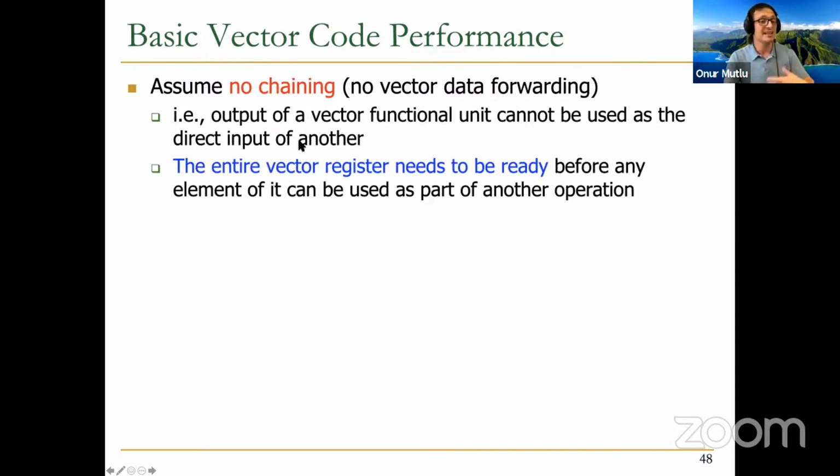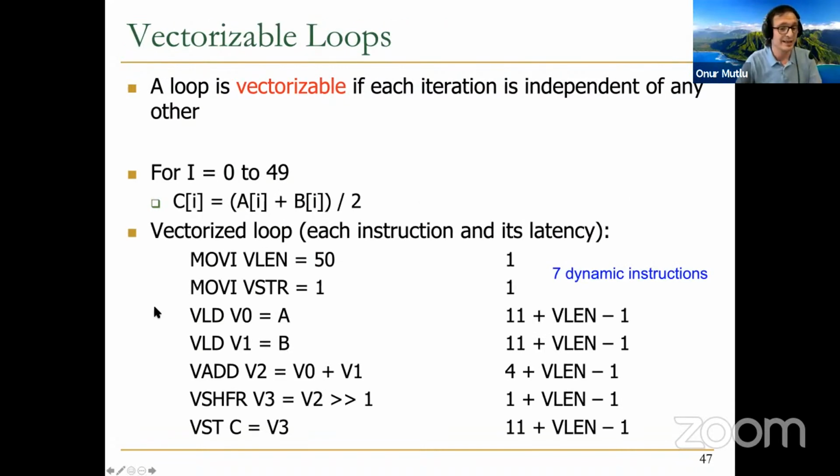Okay. So basically, the entire vector register needs to be ready before any element of it can be used as part of another operation. So you can see that this is very conservative, right? Vector elements are independent of each other. And if you look at what we're doing, we have add, shift, load. We can start the first element's add after the first element's loads of A and B are complete in the first element part of vector register 0 and 1.